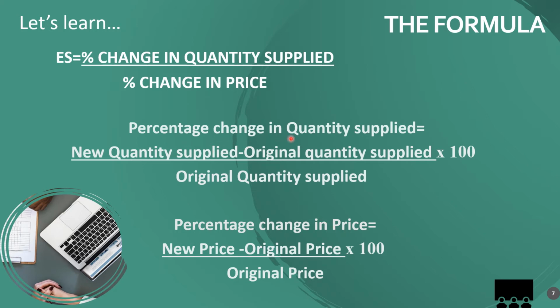The percentage change in quantity supplied is equal to new quantity supplied minus original quantity supplied divided by original quantity supplied multiplied by 100. Percentage change in price is equal to new price minus original price divided by original price multiplied by 100.